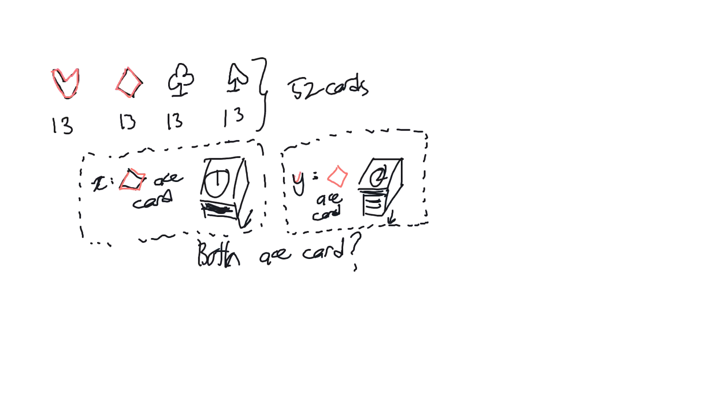So now the probability of X is, because this is only one in the set. Okay, in the set is only one diamond ace card. So probability is 1/52. So similarly for Y is also 1/52.